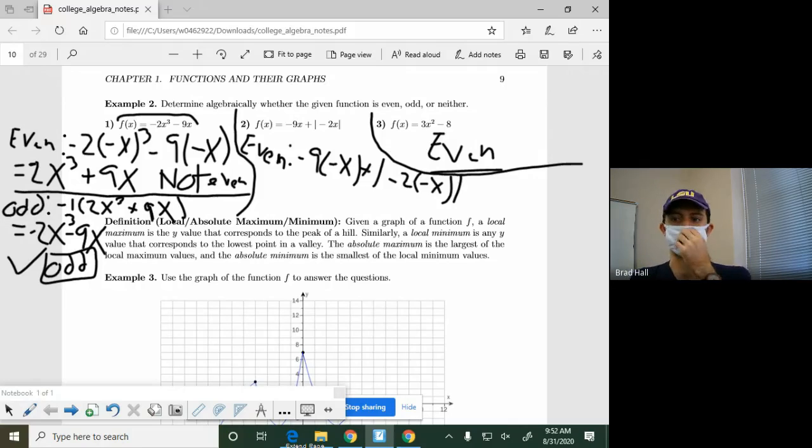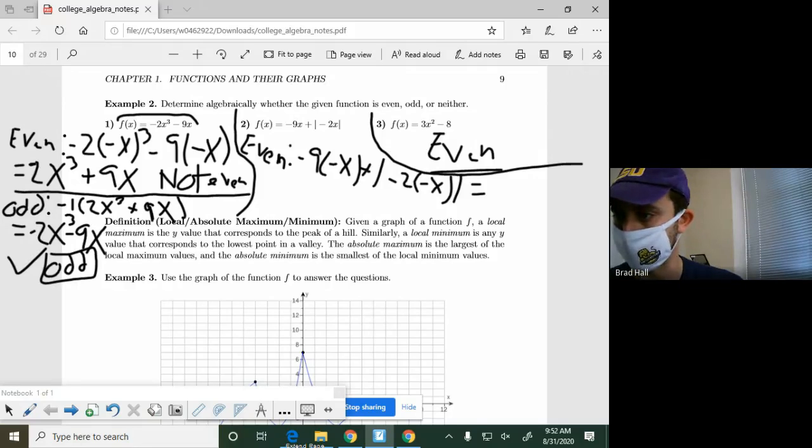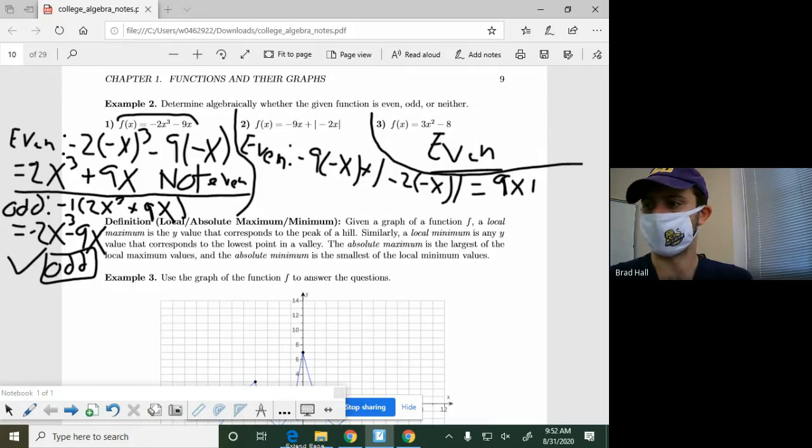And then you simplify it. So -9 times -x is positive 9x. And then plus, and I see those bars, -2 times -x just so happens to become positive 2x.